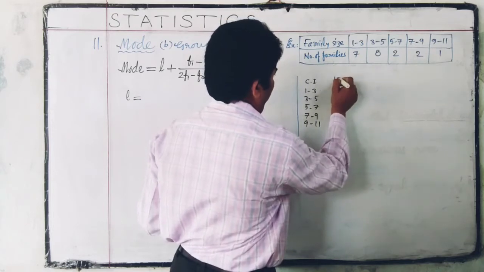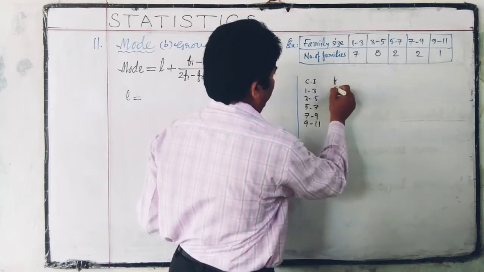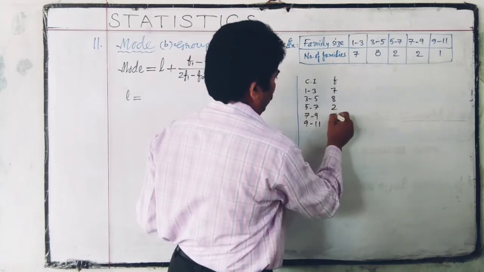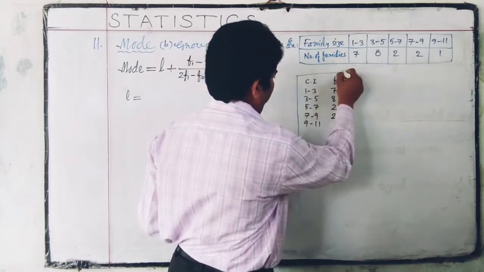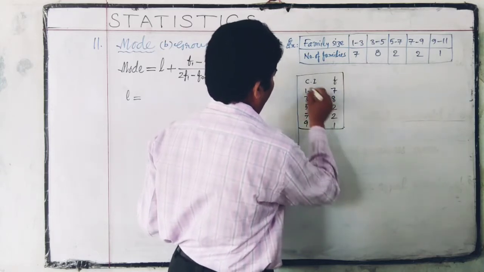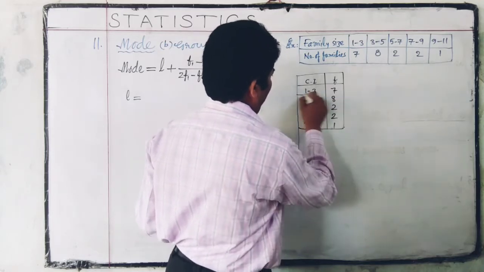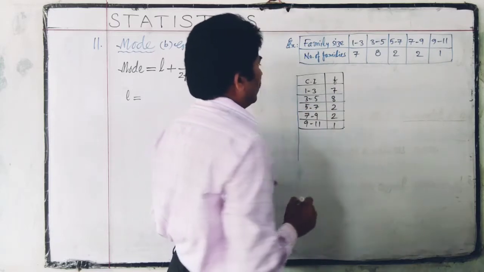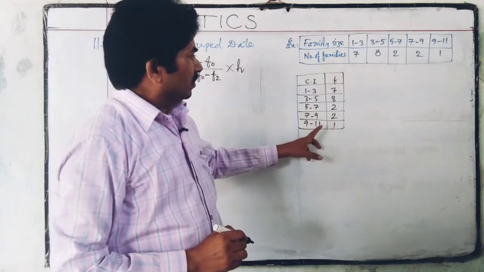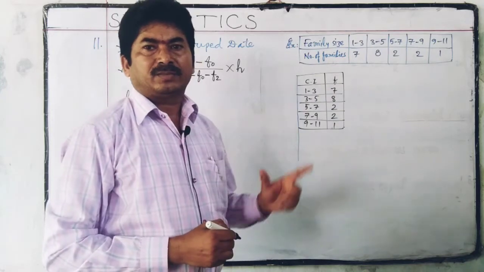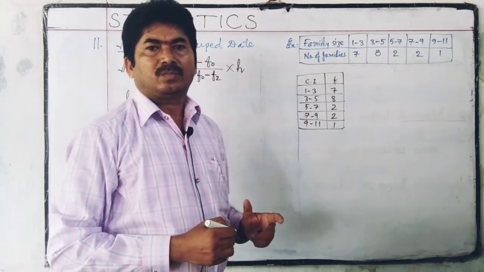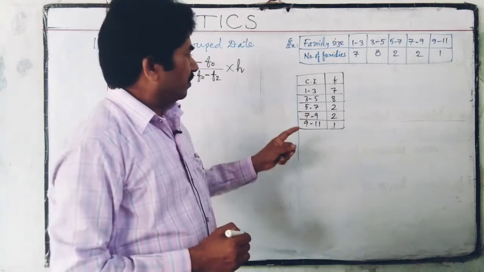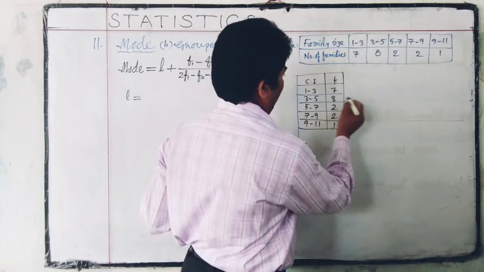Frequencies 7, 8, 2, 2, 1. So in this, the class which has the highest frequency value is called the modal class.